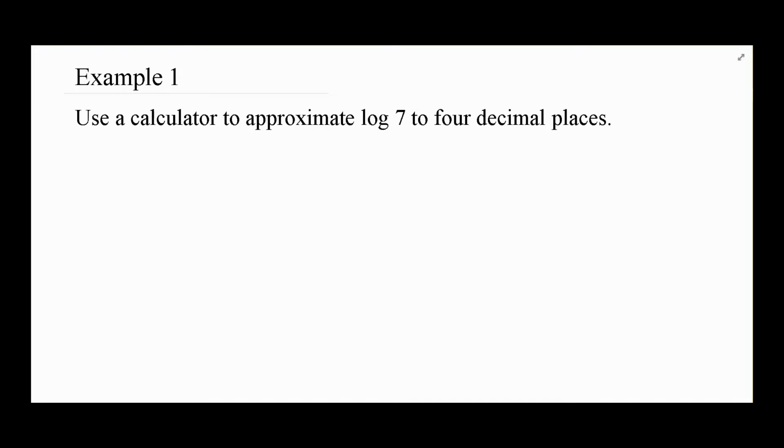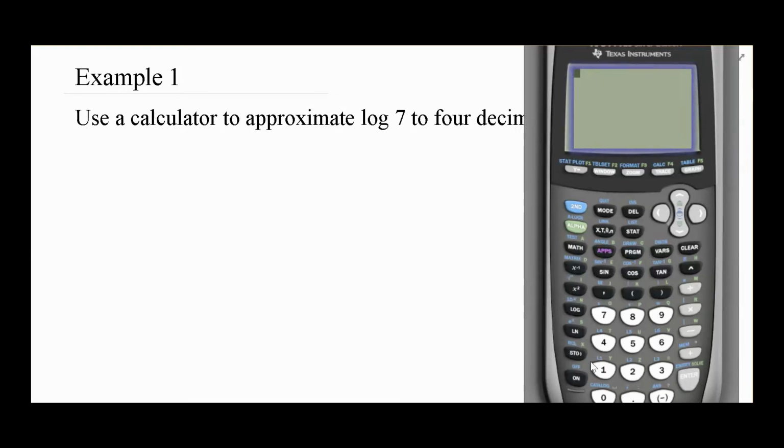This example that we're going to do is hopefully a very, very easy one. It tells us to use a calculator to approximate the common log of 7 to 4 decimal places. Literally all you're going to do is go to your calculator, type log 7, and hit enter. Then to round to 4 decimal places, it looks like it's 0.8451.